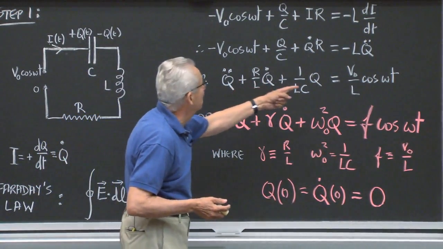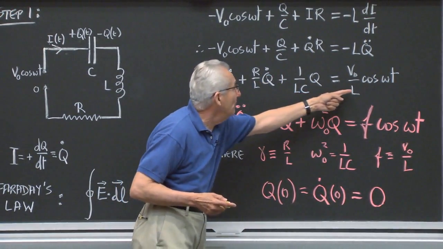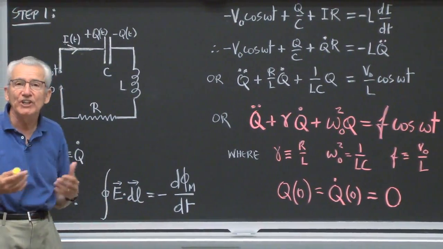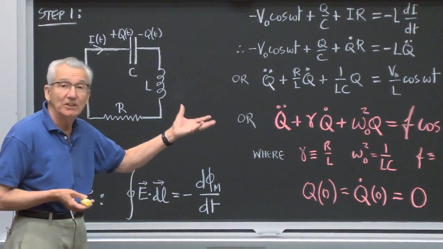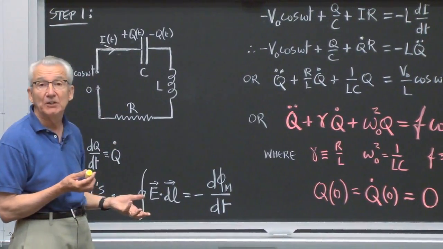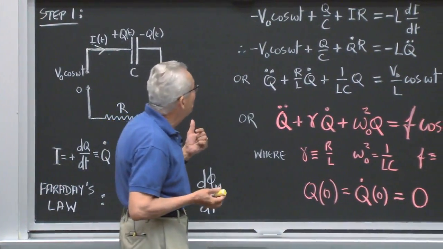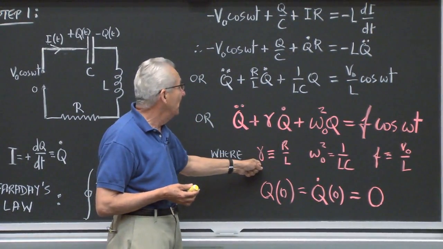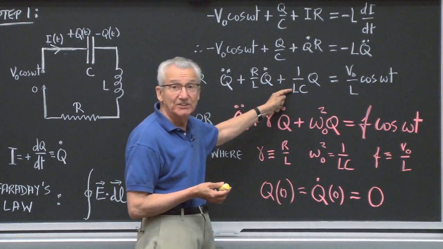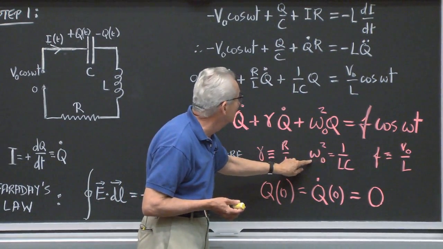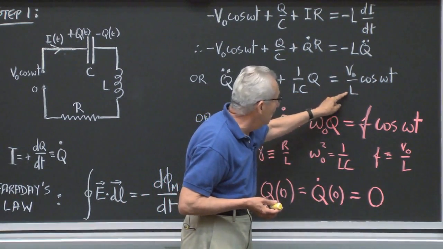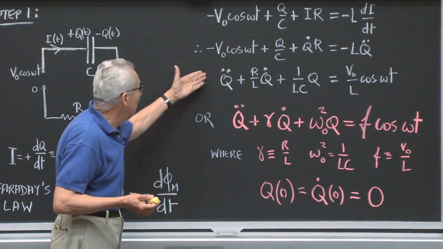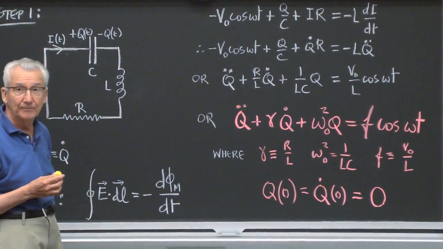And now I will redefine some constants so that I recognize the equation better. I define R over L as a constant gamma, 1 over LC as the constant omega 0 squared, and V0 over L as the constant F. And so this equation, rewritten, looks like that.